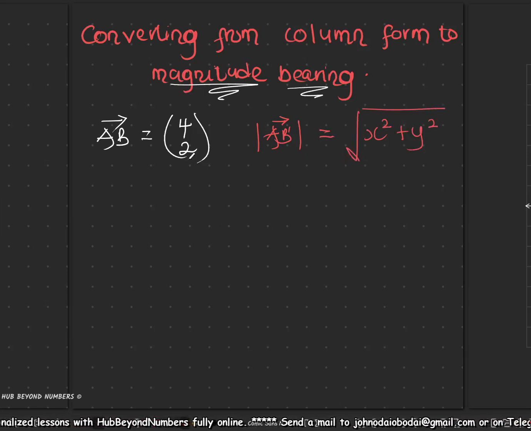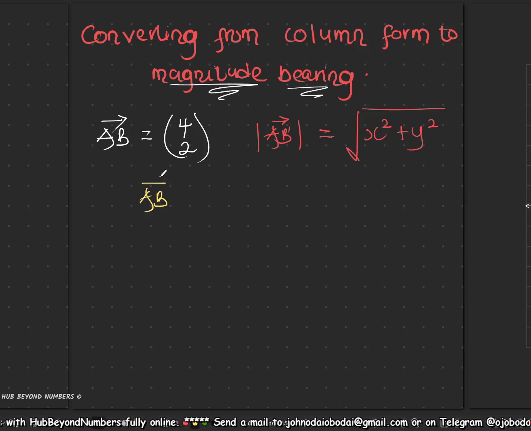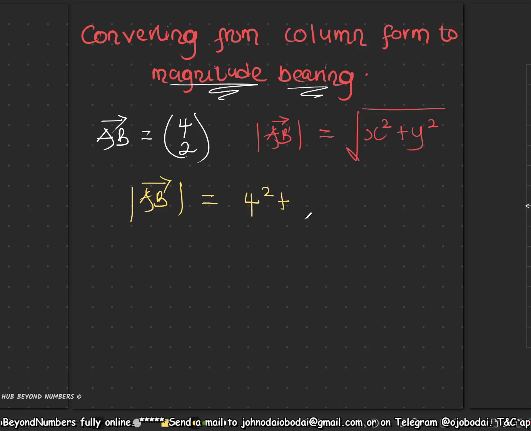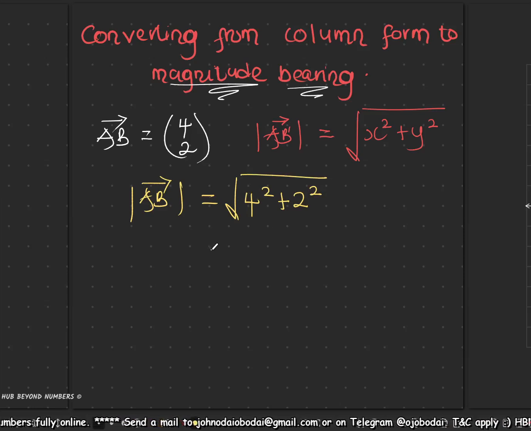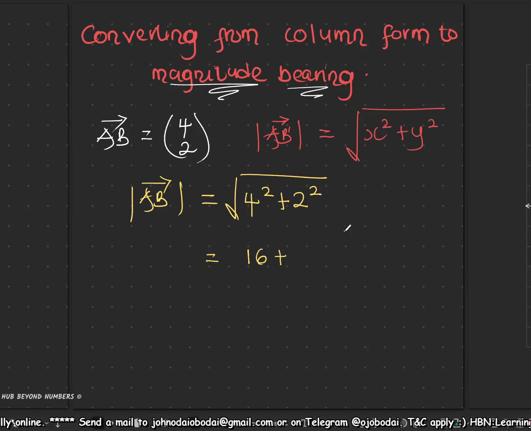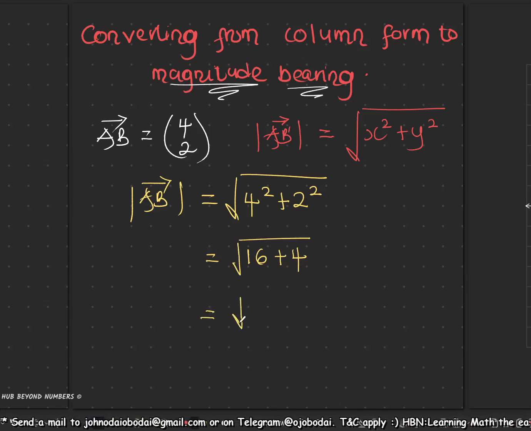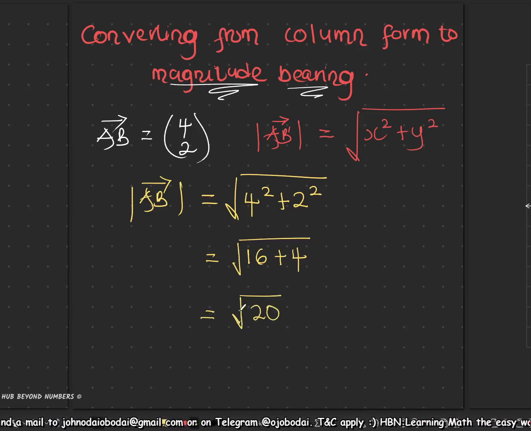Substituting, the magnitude of AB is going to be 4 squared plus 2 squared, of which we find the square root. 4 squared gives us 16 plus 2 squared, which gives us 4. Evaluating this, we get the square root of 20.